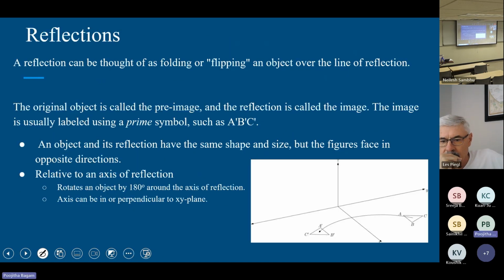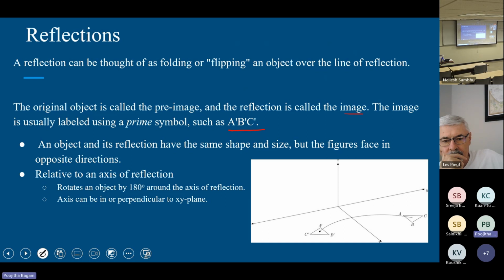And coming to reflections, reflections are one of the transformations. A reflection can be stated as folding or flipping an object over the line of reflection. The original object is usually called the pre-image, and the reflected image is called the image, and we usually represent it like this.